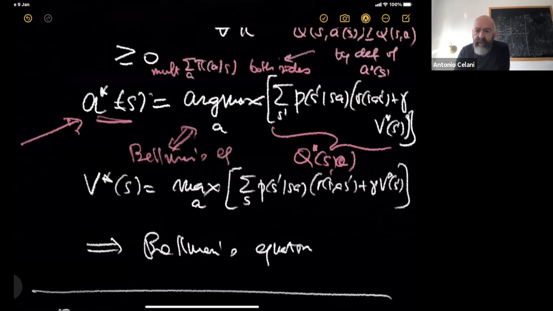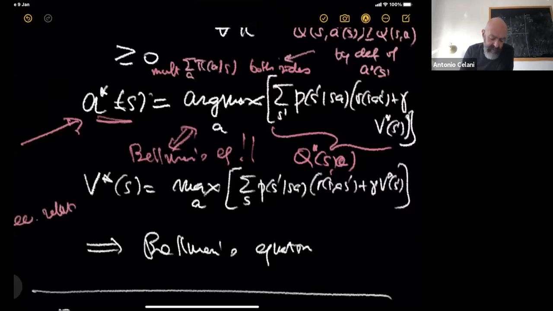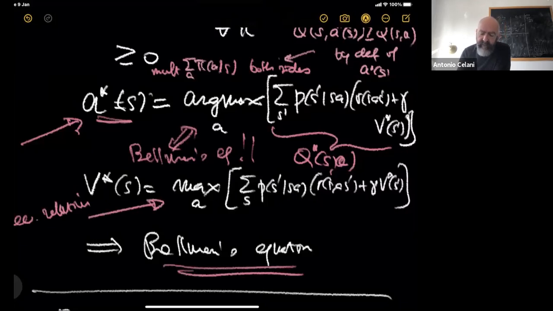This is exactly what the Bellman's equation prescribes, that we have been finding by other ways. You just have to look back into your notes, and this is exactly the best policy prescribed by the Bellman's equation. And in fact, if you plug this optimal action into the recursion relation that is the definition of V, then you get the Bellman's equation itself.